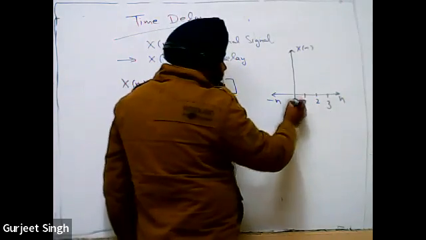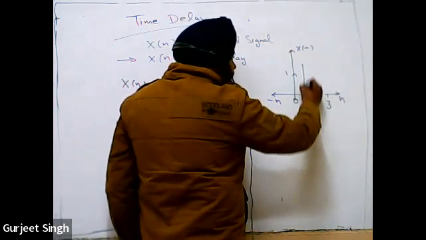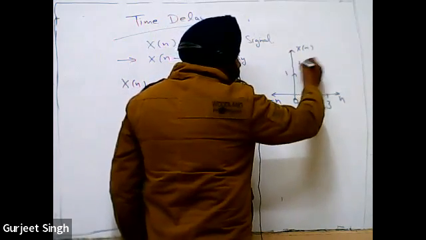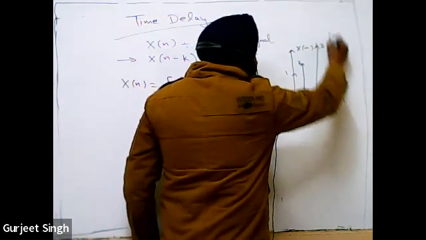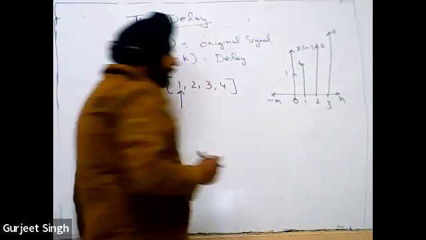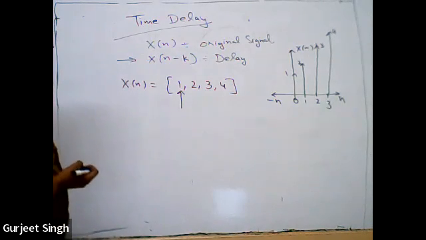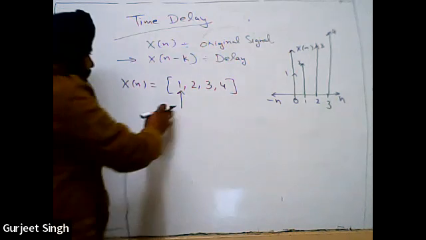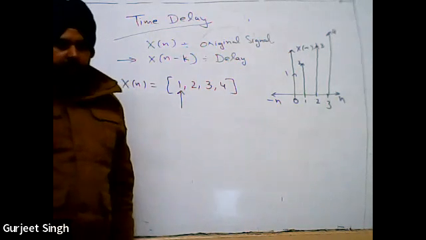At n equal to 0 we have magnitude 1, at 1 we have magnitude 2, at 2 we have magnitude 3, and at 3 the magnitude is 4. So this is my x[n] signal, and this arrow represents n equal to 0. Is this clear to everyone?